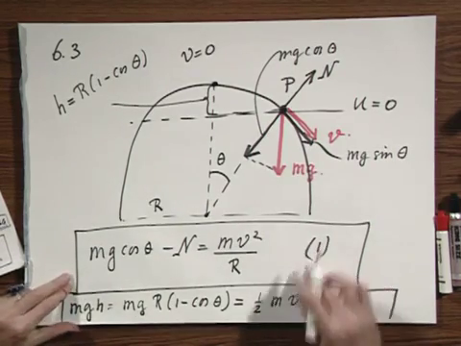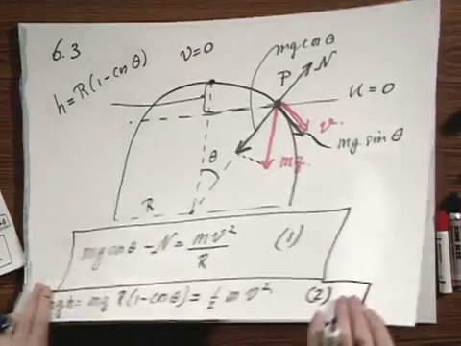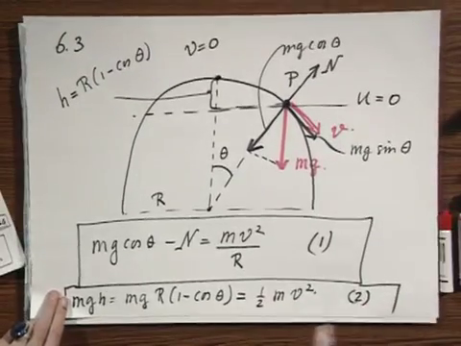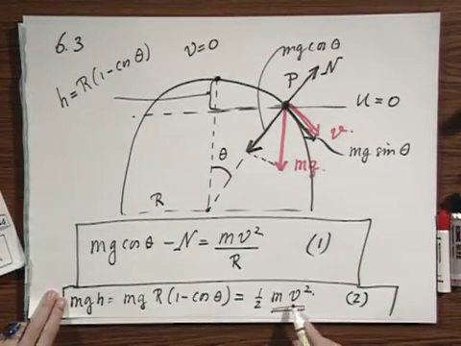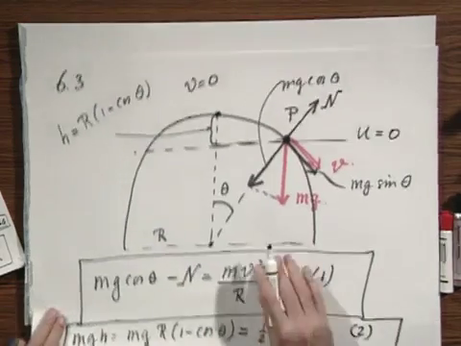Well, I can combine these two equations. Notice I have m v squared here, and I can substitute that in here.